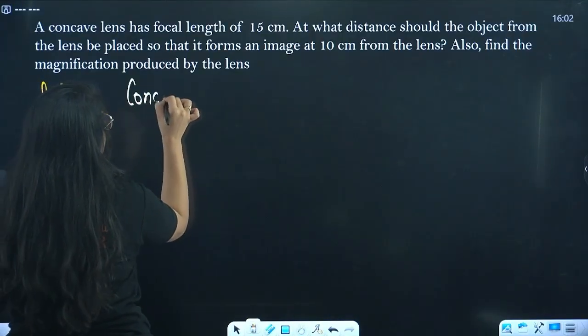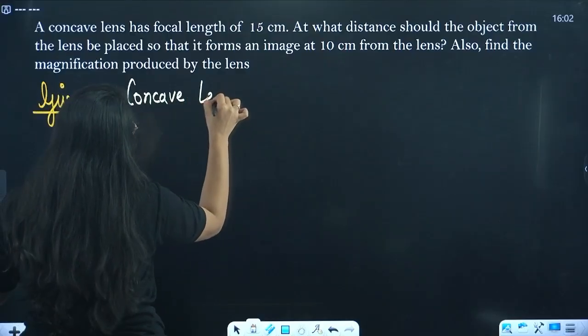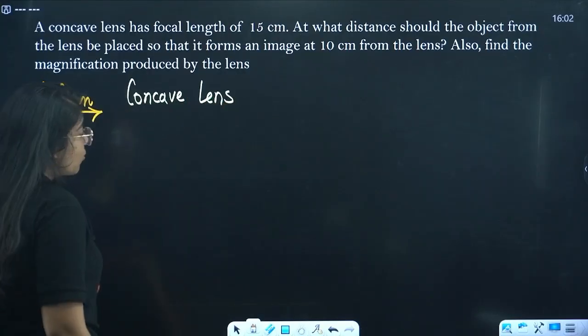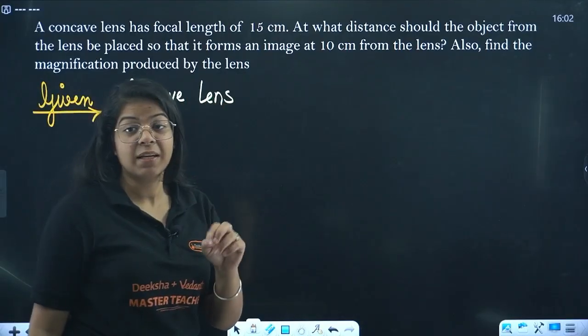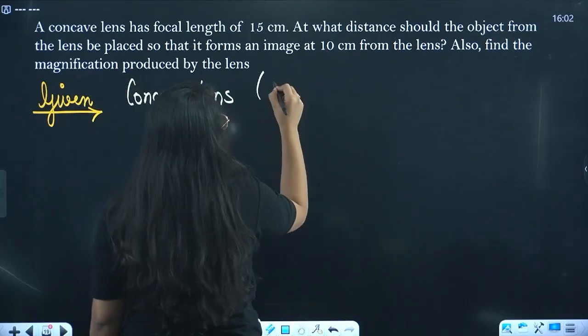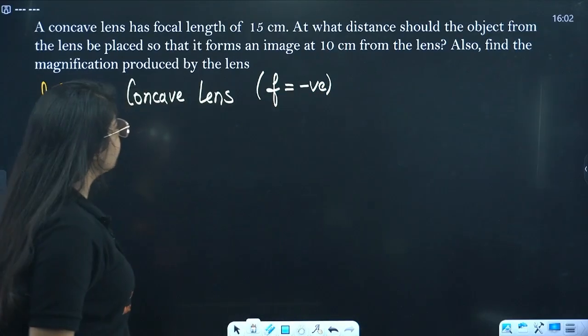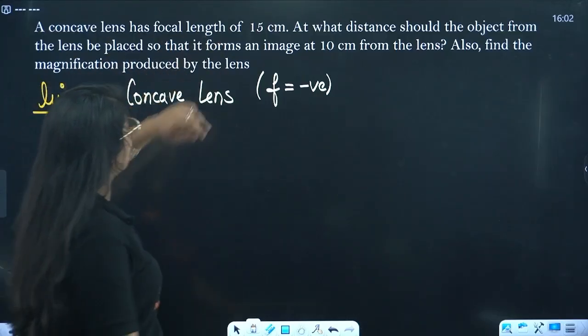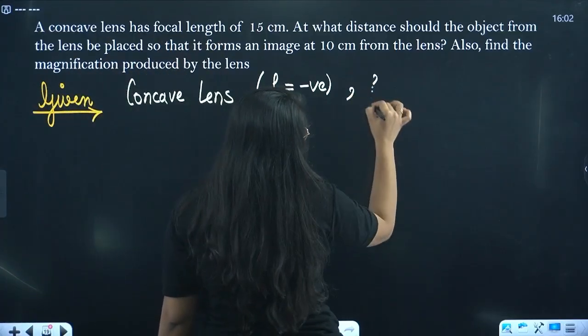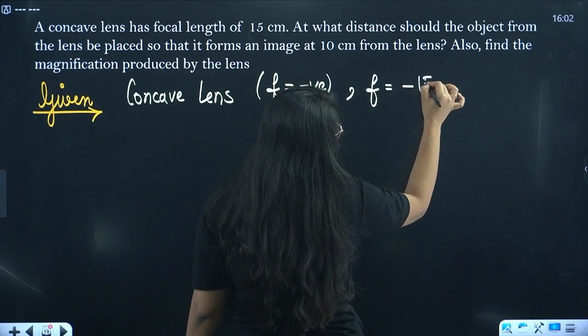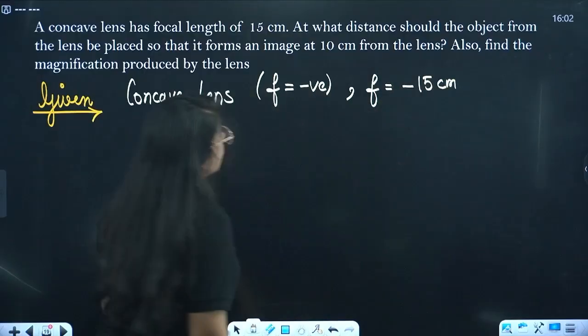Now see, things have changed from concave mirror to concave lens, but the sign of focal length we just studied remains negative only. Now a concave lens has a focal length of 15 centimeter. So focal length is minus 15 centimeter, which is given.